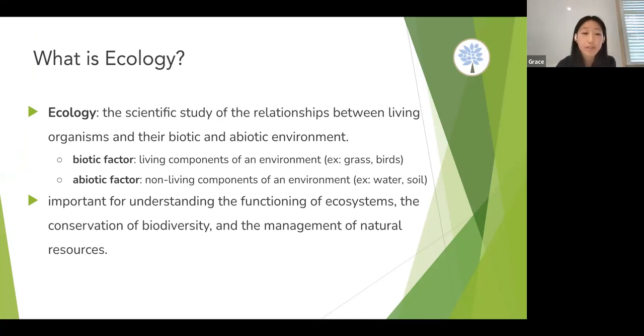An abiotic factor is something non-living that is part of an environment, for example water, soil, or wind. The study of ecology is important because it helps us understand the functioning of ecosystems, the conservation of biodiversity, and the management of natural resources.